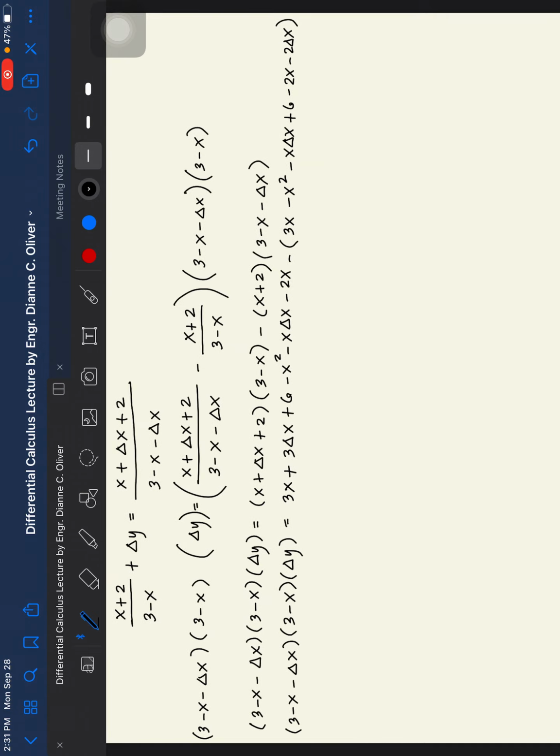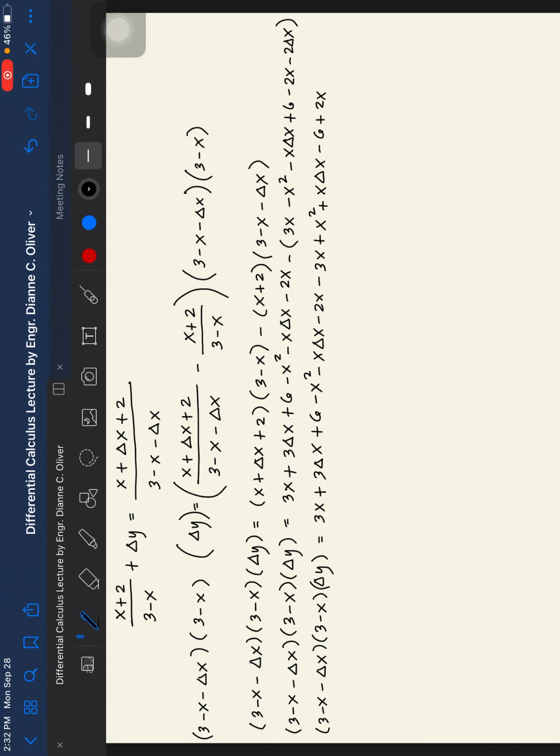See, we needed a bigger screen. So we will just be distributing the negative sign: minus 3x plus x squared plus x delta x minus 6 plus 2x plus 2 delta x.